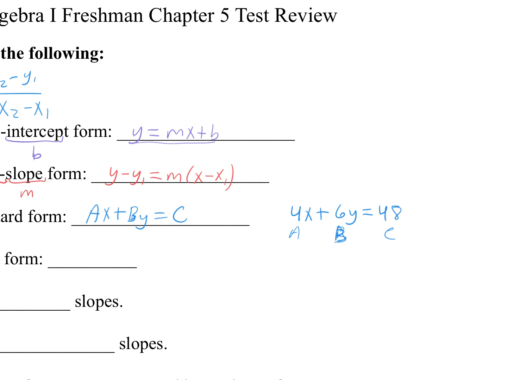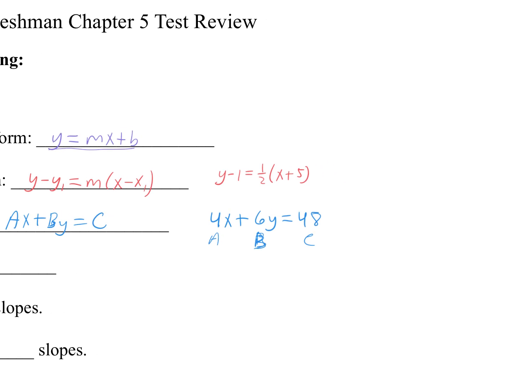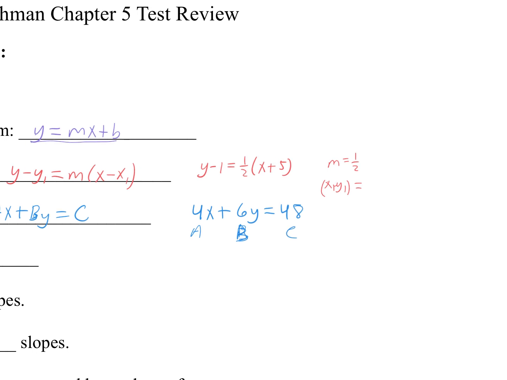All right, and I'll just write some examples for the other equations up here, right? So, for example, y minus 1 equals 1/2 x plus 5. Right, in this case, m is your slope of 1/2, and your point x1, y1 is going to be -5, 1, right?